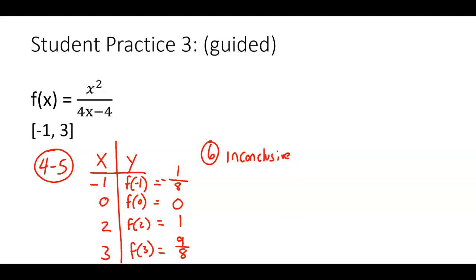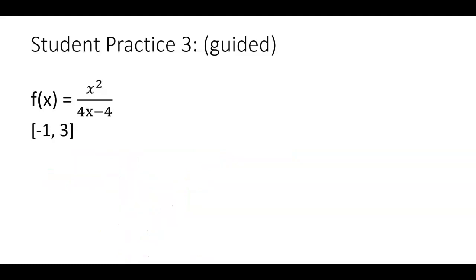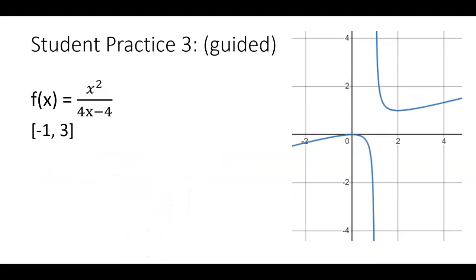Now, if you were looking at this table, you might think, oh, well, there's my max, and here's my minimum. But let me show you the graph, and I'll show you why that's not the case. Okay, so this is what the graph would look like. And these 4 points that I have highlighted on this graph are the x and y values that we found in our table there.